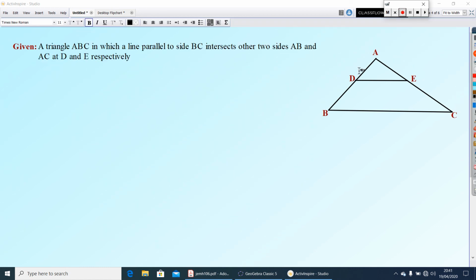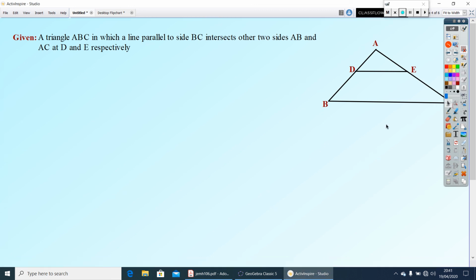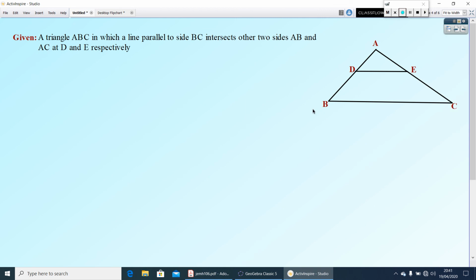That is, a triangle ABC in which a line parallel to side BC intersects the other two sides at D and E respectively. Now what we have to prove? You have to prove AD by DB is equal to AE by EC. Next we have to write that.